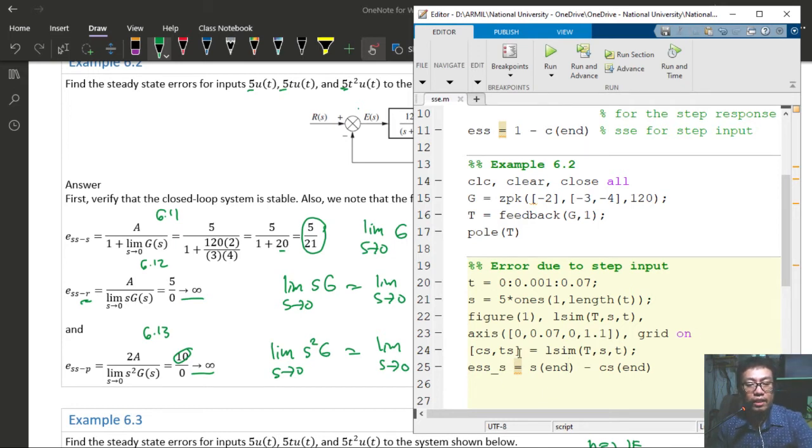Okay, and then, katulad nung ginawa ko kanina sa step function, kinuha ko rin yung data points that would correspond to this one. Okay, and then I would compute the steady state error due to the step input as yung final value nung signal ko, which is Sn, tapos yung final value nung output ko, which is Csn. Okay, so i-plot natin siya.